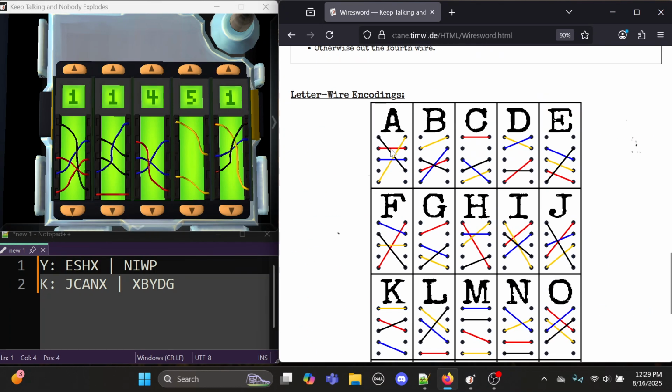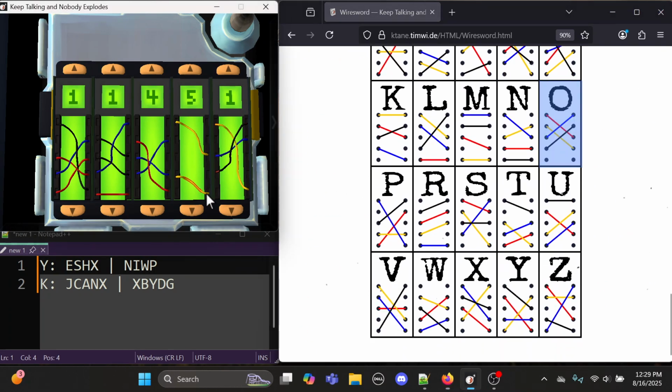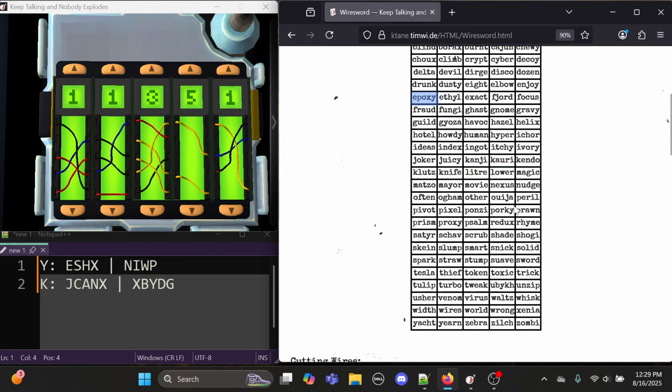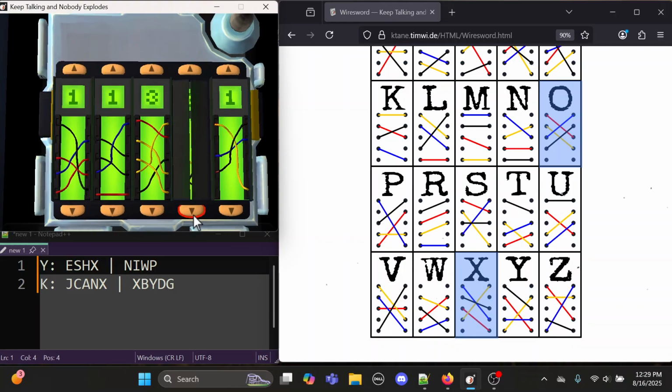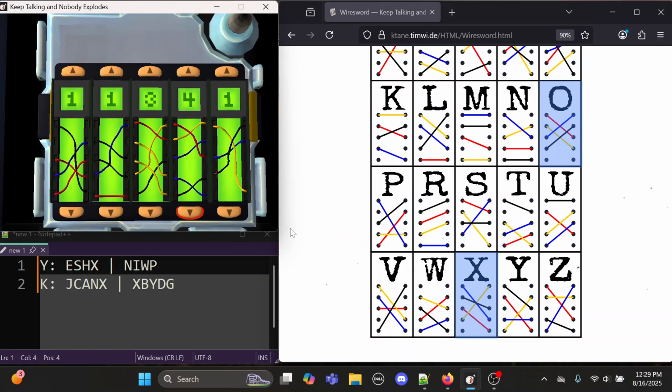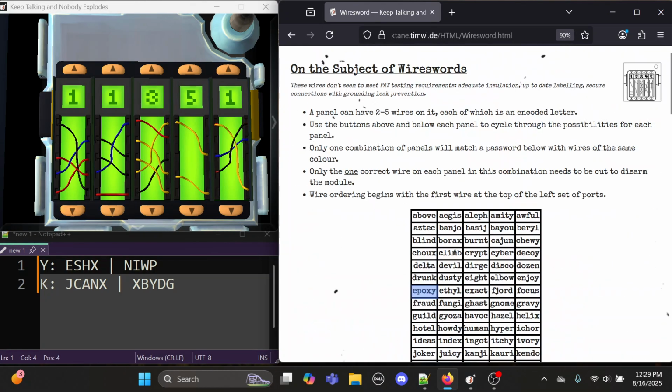And let's find Oscar for yellow in the 3rd position, 2 to 4. I believe it did exist. 2 to 4 does exist. Let's take a look for an X-ray in the 4th position, which is a 4 to 1. Not it. Okay, so we know it's not an echo word, so we can safely rule that one out.